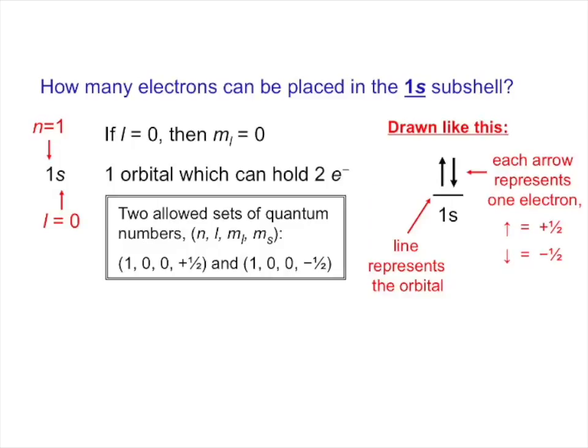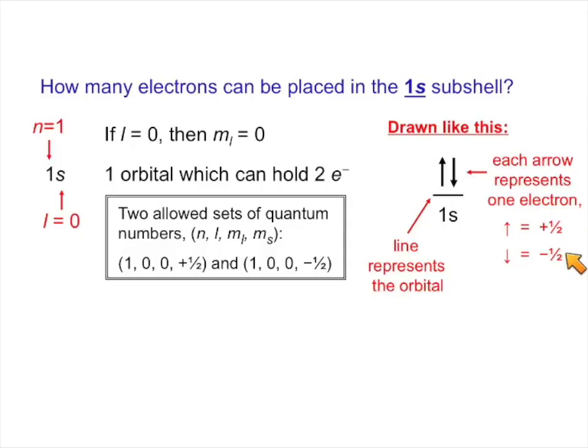Now, another thing we need to talk about is that sometimes we draw arrows on lines to represent electrons in orbitals. So you can draw a line for the 1s orbital, and then draw arrows on it to represent the electrons in this orbital. By convention, we start by drawing the up arrow first and say that's plus 1/2.